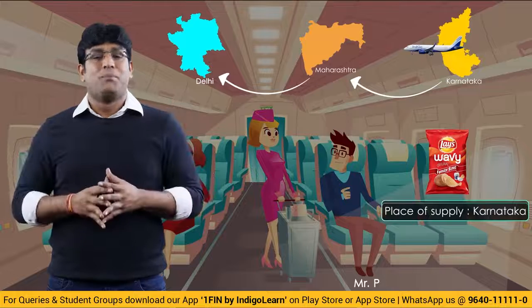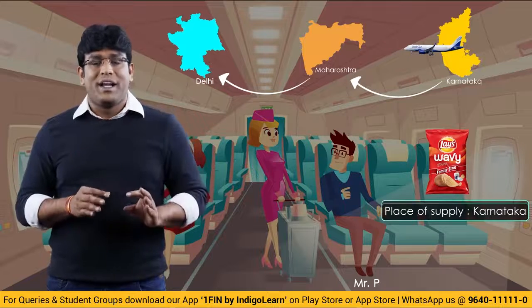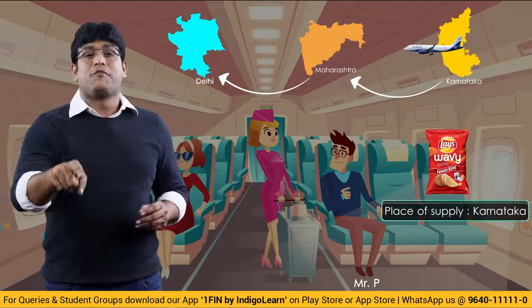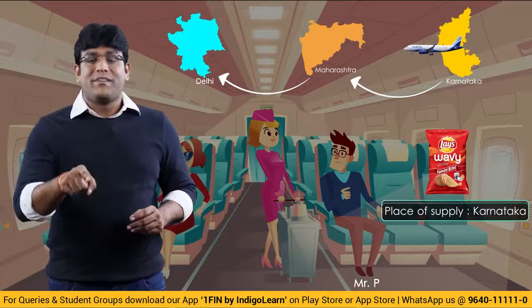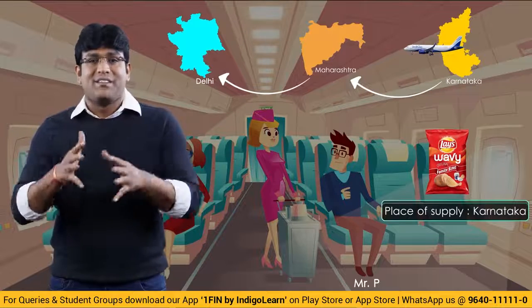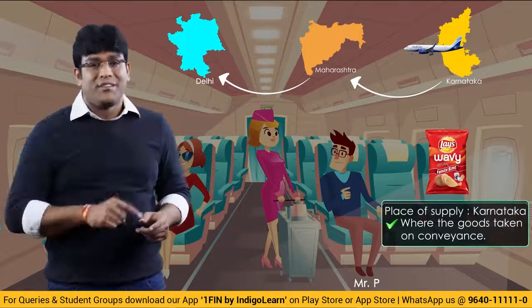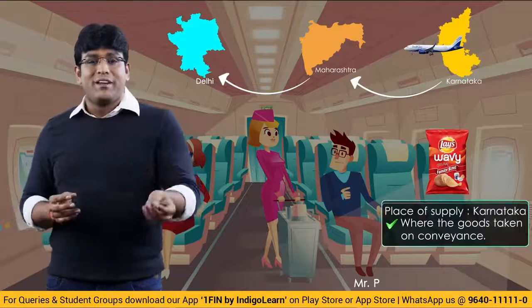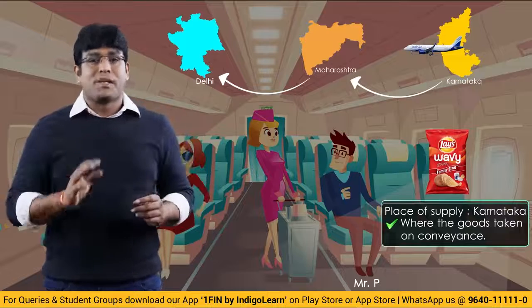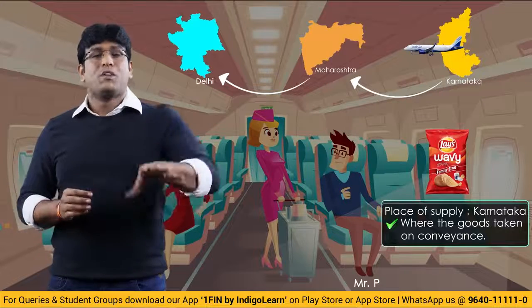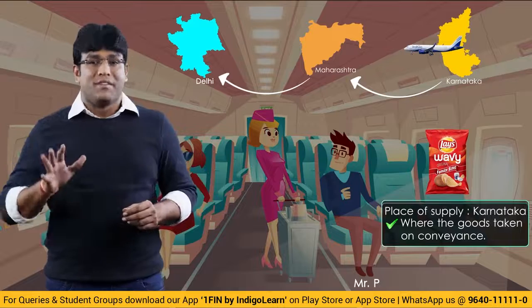Very, very interesting point. So it is not relevant where the person has entered the flight. It is not relevant where the person has entered the conveyance. What is relevant is only where the goods are taken on the conveyance. So friends, 10.1e talks about place of supply with respect to goods supplied on board a conveyance.